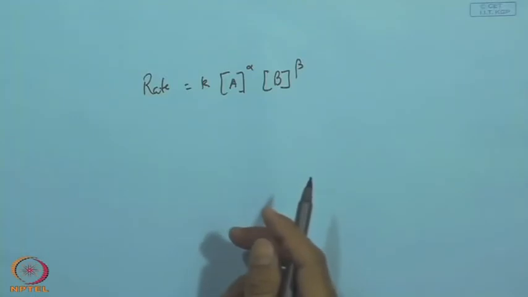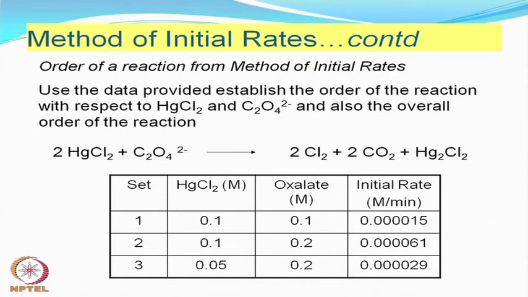Okay. And also we have studied various types of kinetics like zero order, first order, second order, third order, and also nth order. We also talked about the pseudo unimolecular reaction, where you keep one of the reactants in large excess so that virtually during the course of reaction it is not changing.